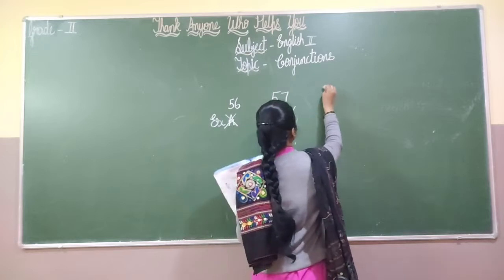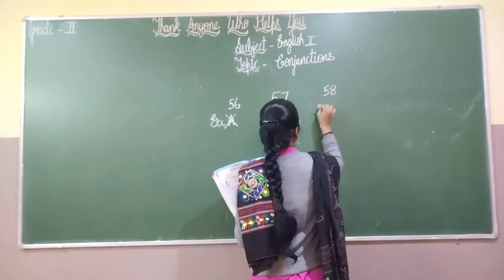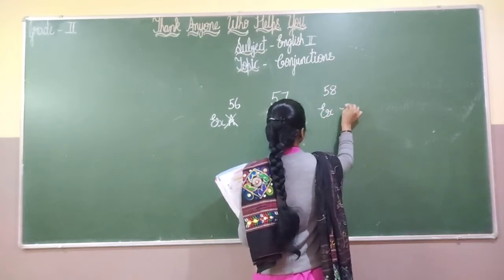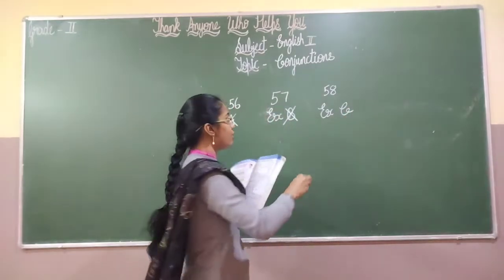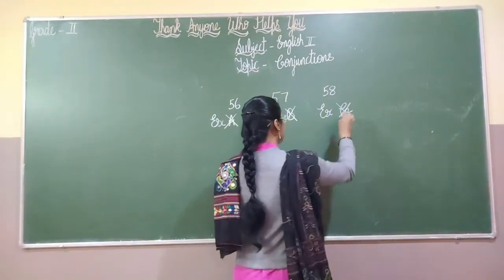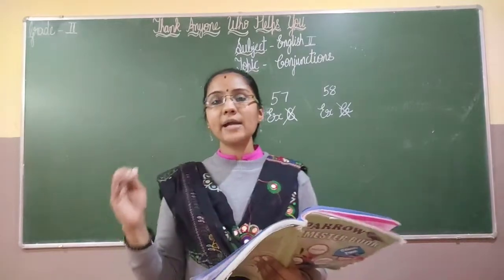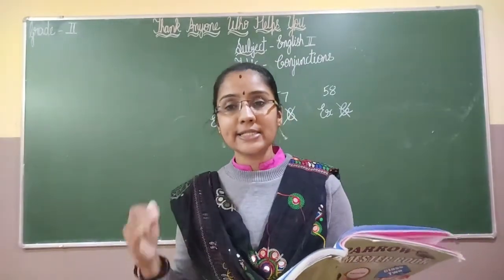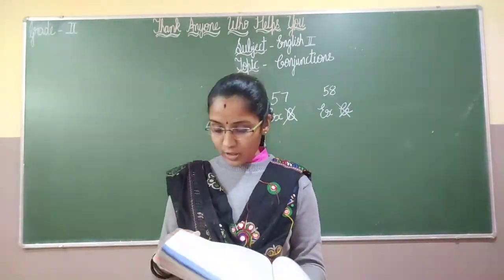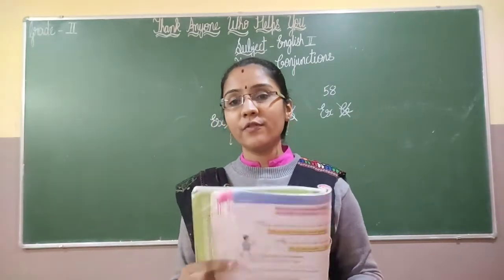Page number 58. So exercise C, even we are not going to do this also. Cross out. Because "and", "but", "or" are all there in exercises D and E. So now we are going to complete page number 59 only.